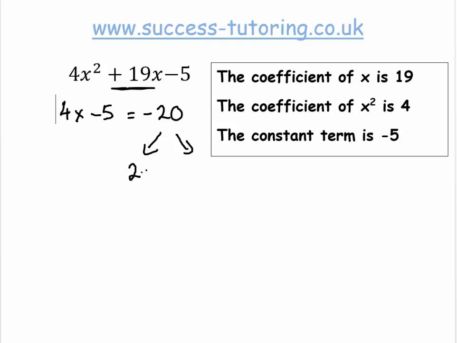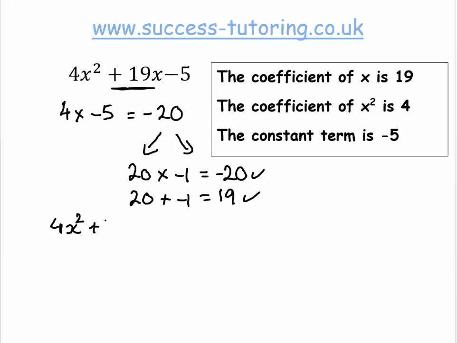Let's do 20 multiplied by minus 1, which will give me minus 20. That's correct. And 20 add minus 1 will give me 19. So that's correct. So we can go ahead and write out our expression here. And then we can break it down and then factorize.